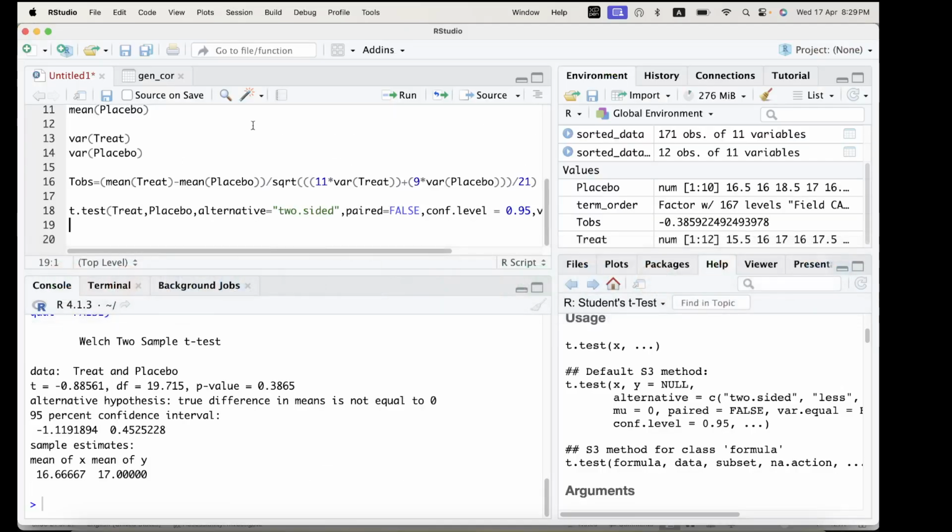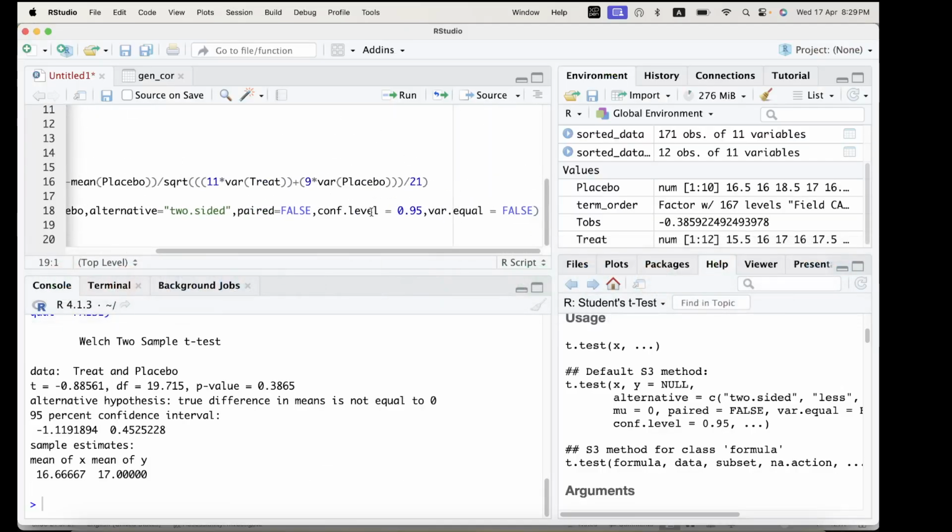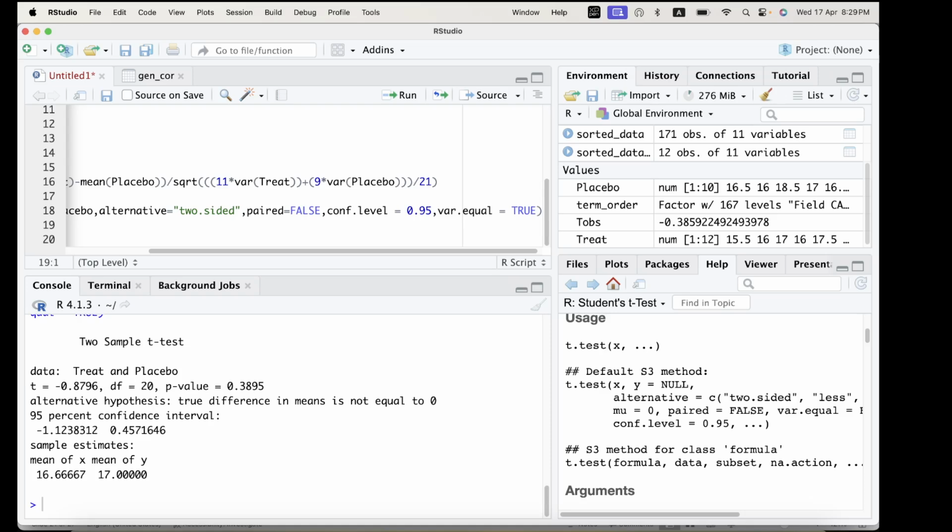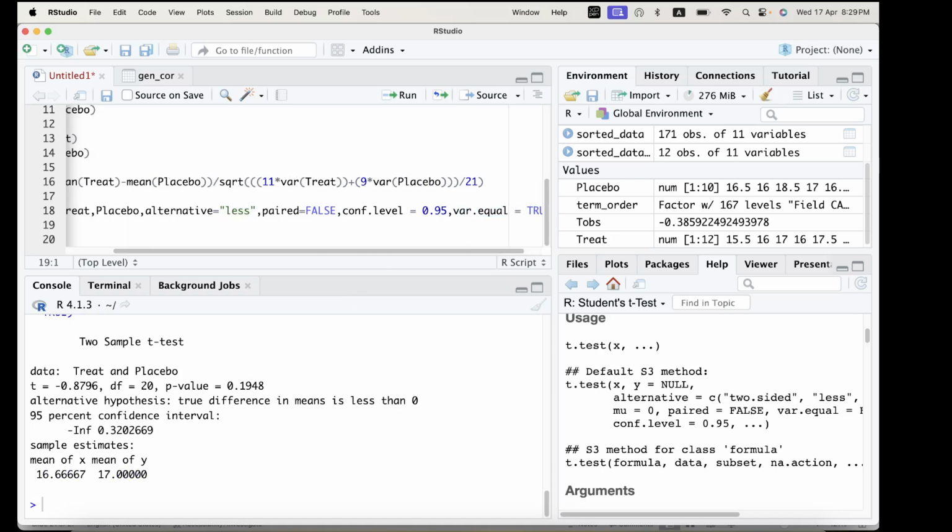What happens if we do this, let's say, equal variance true? Is it coming? Hmm, it's the same thing. But they are doing two-sided. This is where I have a problem.